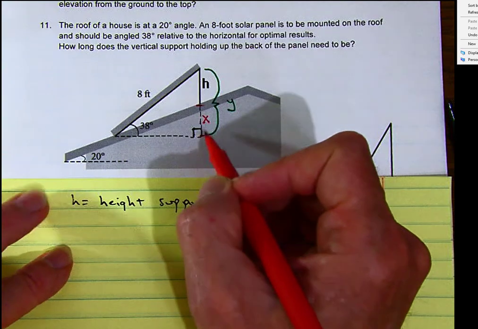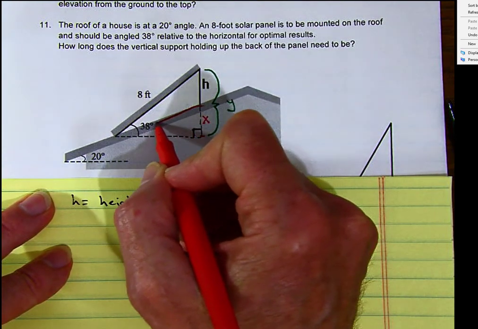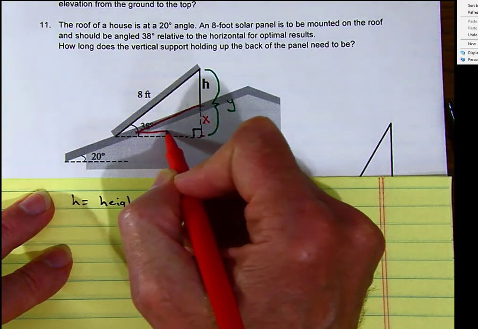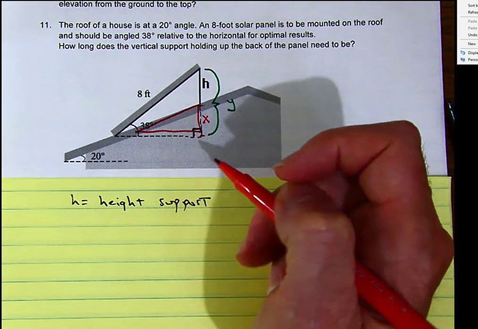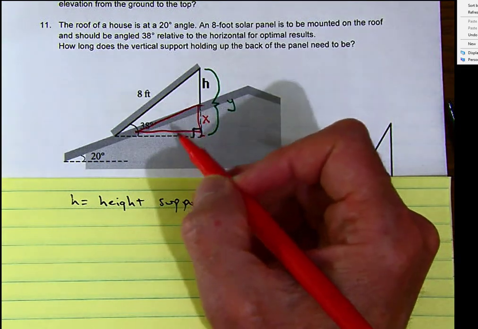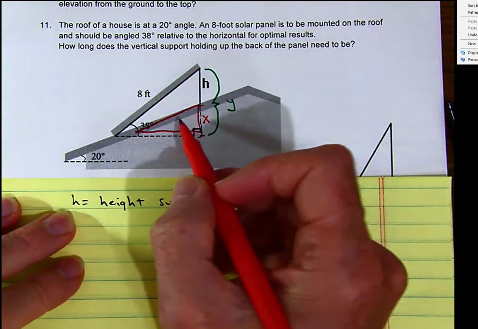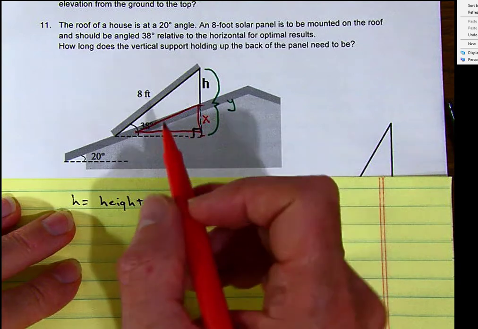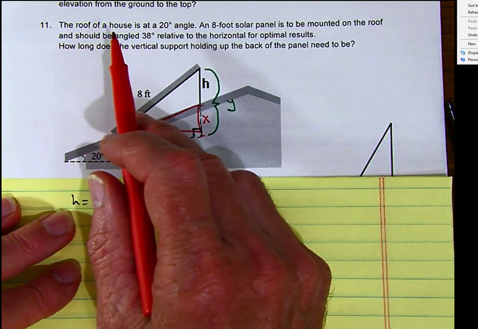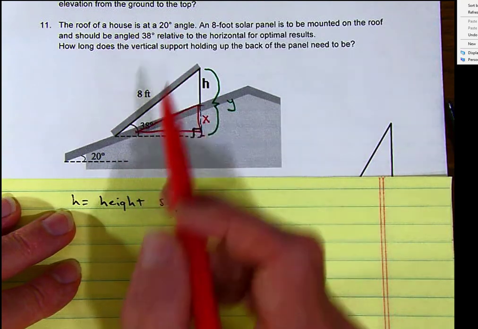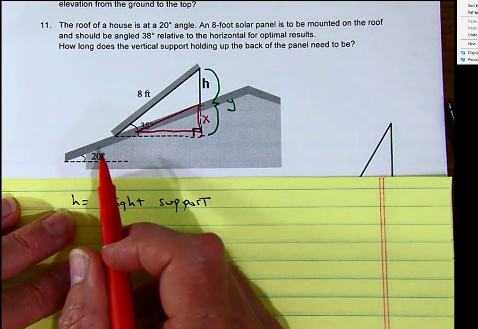However, this piece x is inside of this triangle here. And so I have this red triangle, and if I knew something about the red triangle, maybe I can solve it. Well, this is the roof, and this is horizontal. And the information says that the roof of the house makes a 20-degree angle, so 20 degrees from horizontal makes the roof angle.